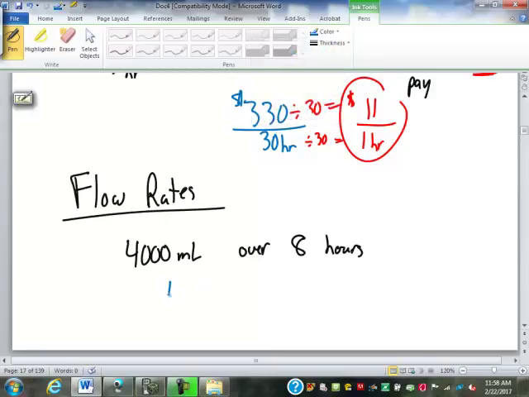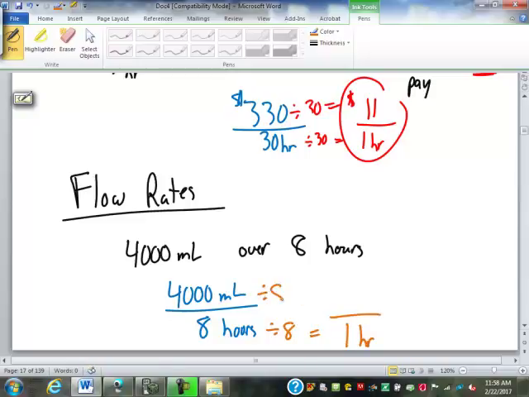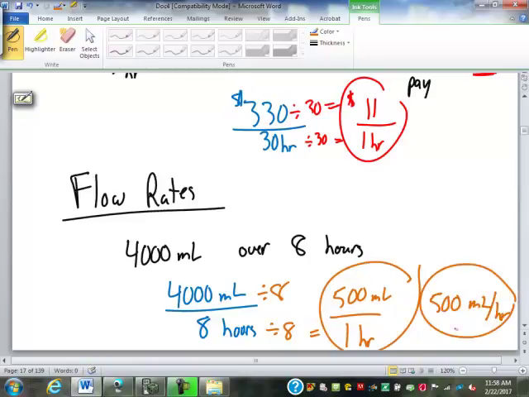So that is 4,000 milliliters in 8 hours. We'll divide by the 8. Not necessarily hours, but just divide by the 8. Gives us 1 hour. 4,000 milliliters divided by 8 is 500 milliliters. So that is a flow rate of 500 milliliters per hour. Again, you notice that fraction gets hidden in the units.